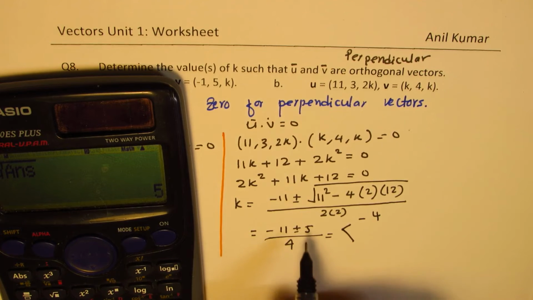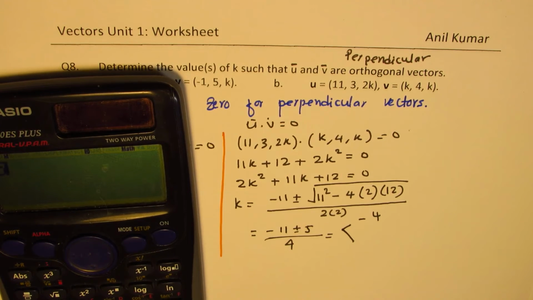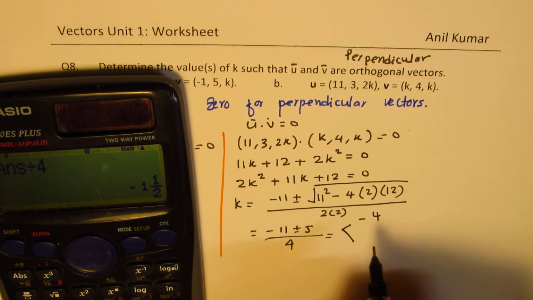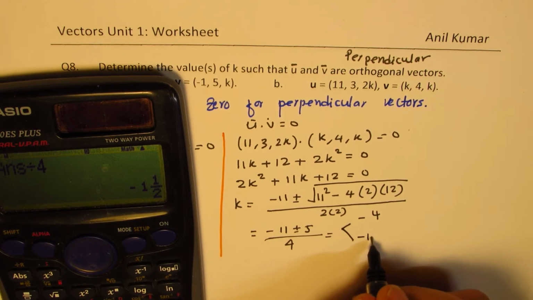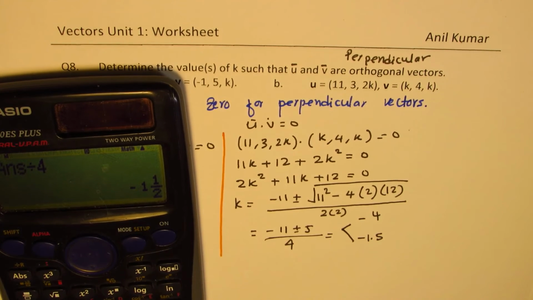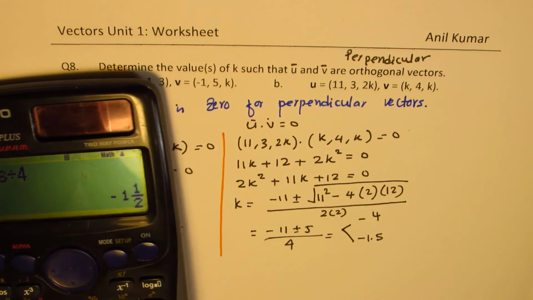The other one will be 5 - 11, and then divide by 4. So it's a fraction, which is -1.5. You can also write this as -3/2 or -1.5 as shown here, right? So that is how we can get both our answers.